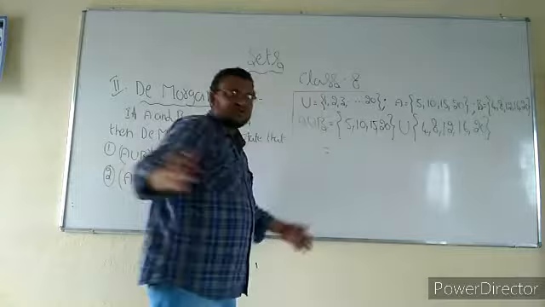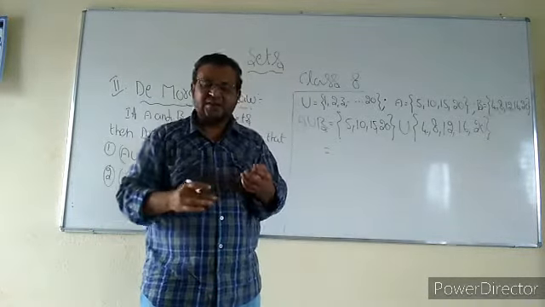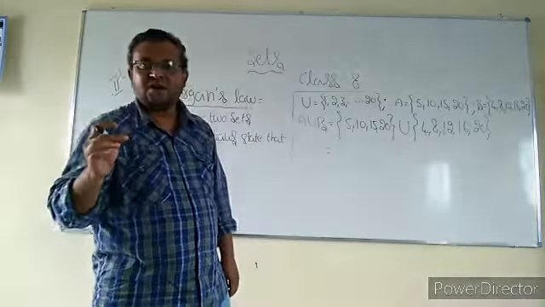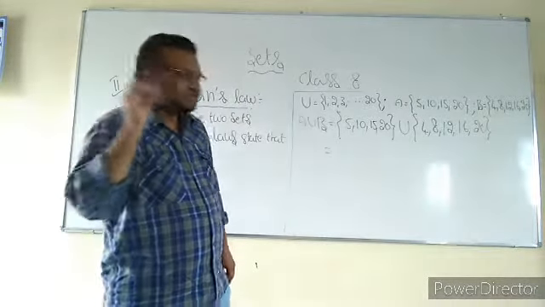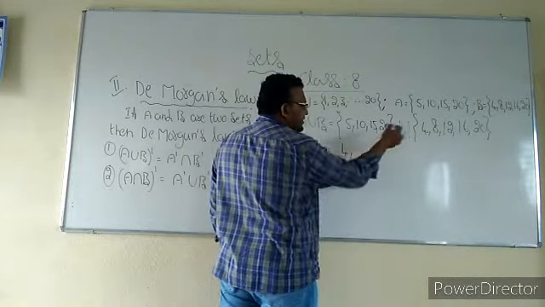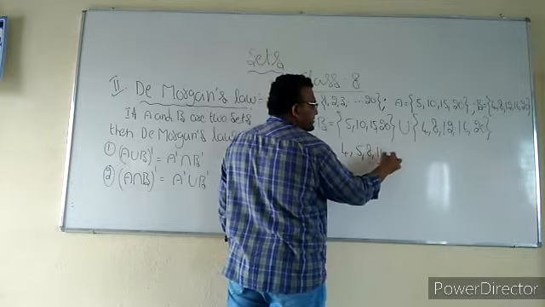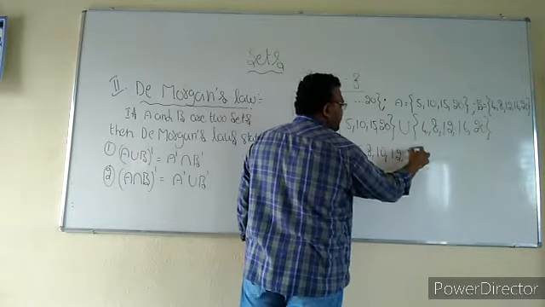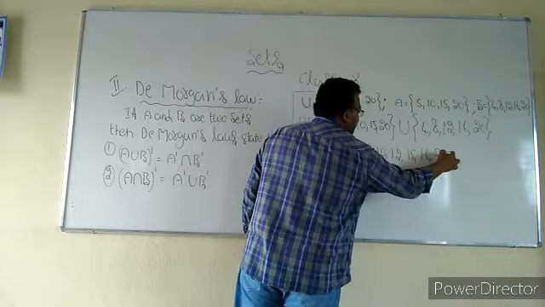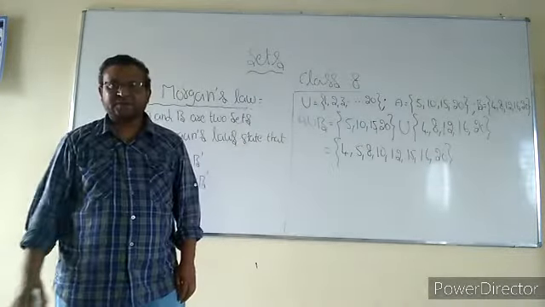Union means we have to join all the elements of the given sets. If any element is repeating, we have to count it once only. So in order we get 4, 5, 8, 10, 12, 15, 16, 20. 20 is repeating two times, I have to take it once only.